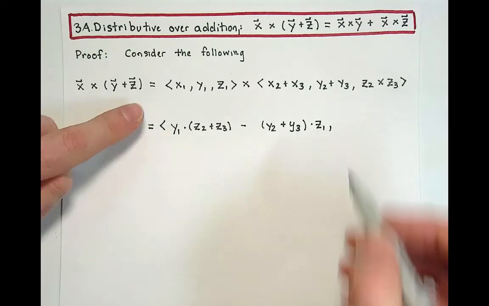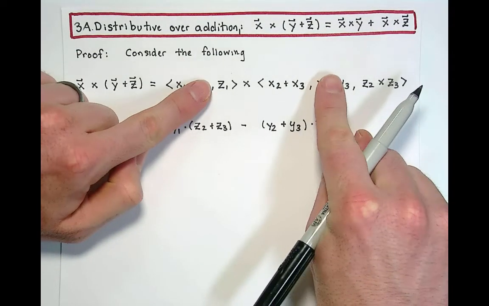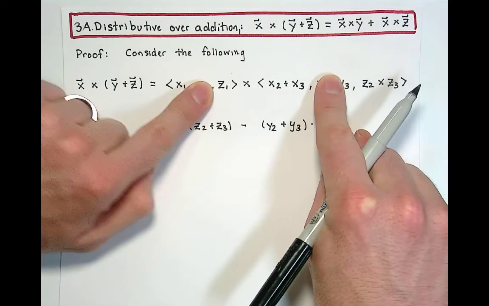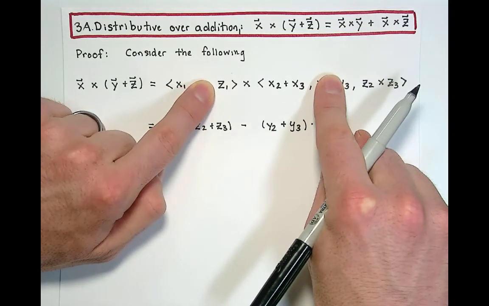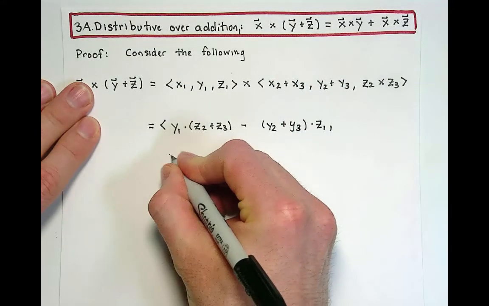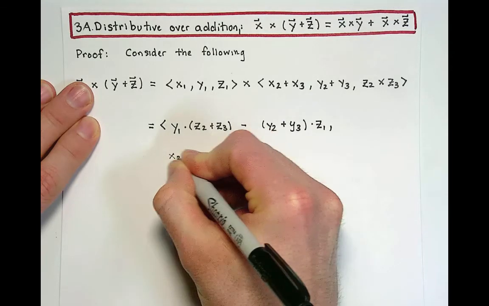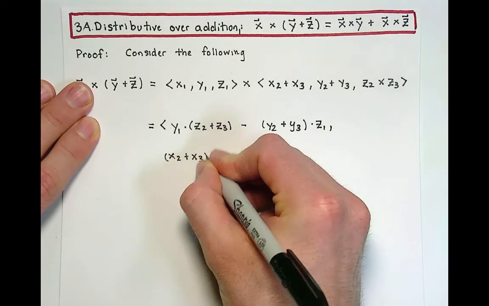Next, for the second component, we can cancel out the middle terms, and then we take the area of the parallelogram in reverse order. So in this case, we start with x2 plus x3. That's the first component of the second vector.